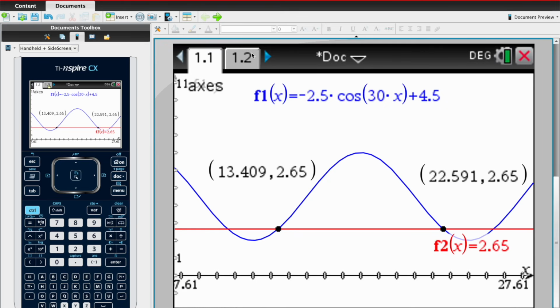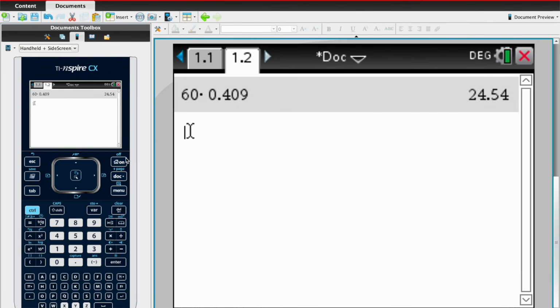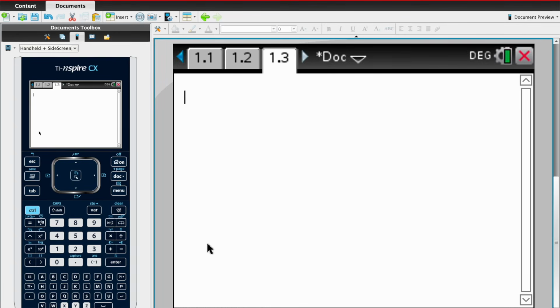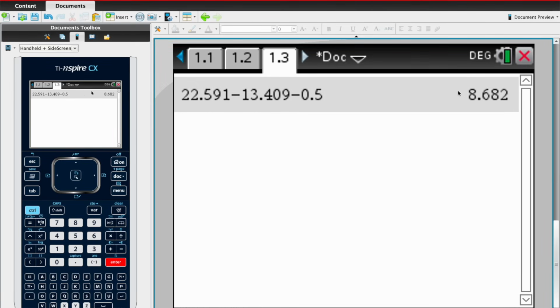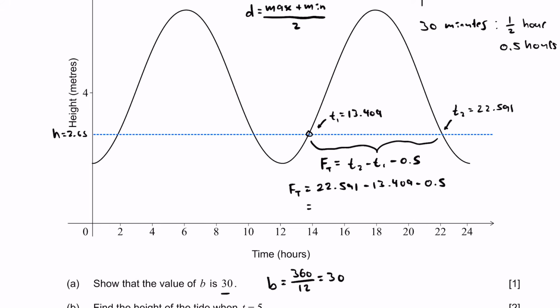So here we are again. T2 minus T1, minus the 1/2 hour that he loses traveling. Okay, so overall he can fish for 8.682 hours. So let's go back to the document. 8.682 hours.